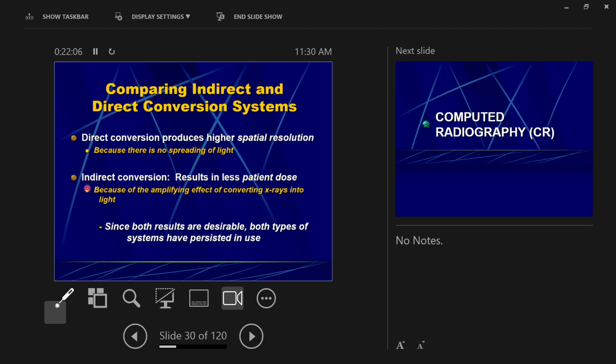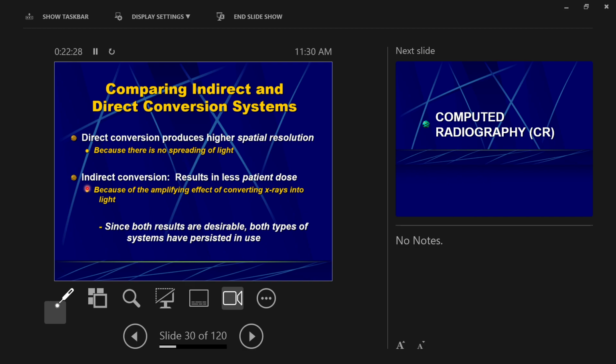So let's say an X-ray photon has 20 times the energy of a visible light photon. When that X-ray photon hits the scintillating layer, a single X-ray photon is going to turn into 20 visible light photons, okay? So there is an amplifying effect.